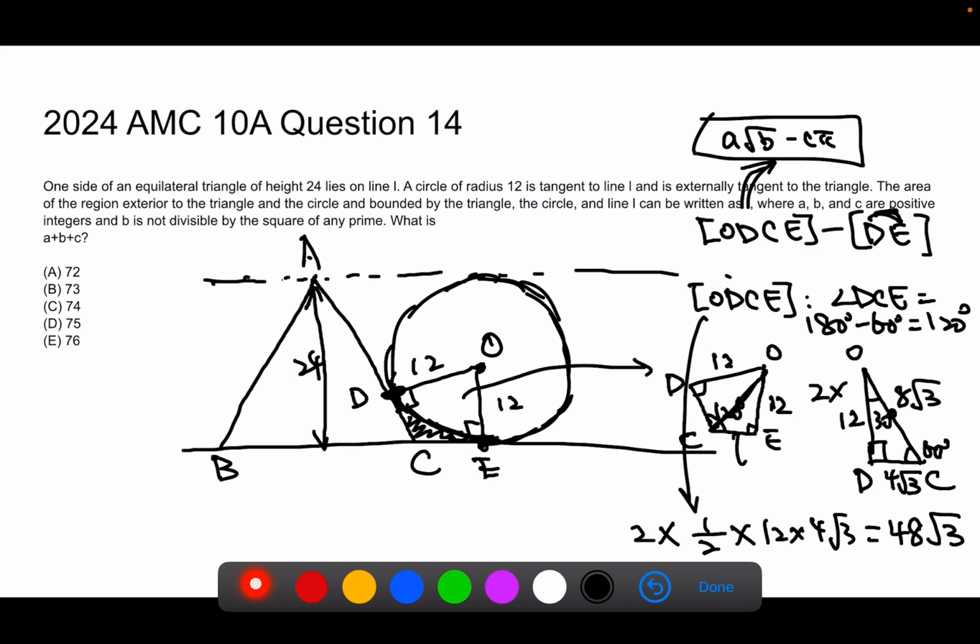Well, as part of this ODCE investigation, you can find this angle DOE is actually 60 because you have 90, 90, 120. So what's left has to be 60. And in that sense, this ODE, right, this shape is 1/6 of a whole circle.